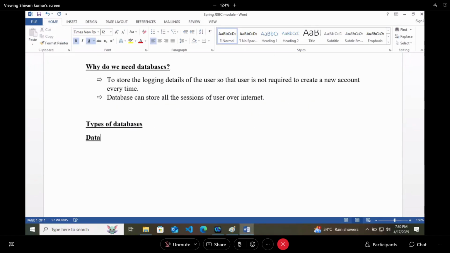Databases on the basis of the nature of storing the data. This is the line I am adding: on the basis of the nature of storing the data, meaning how they will store the data. Databases are of two types.